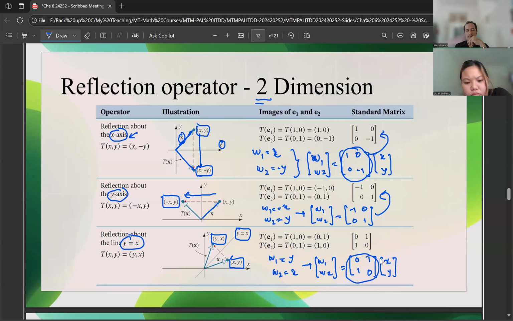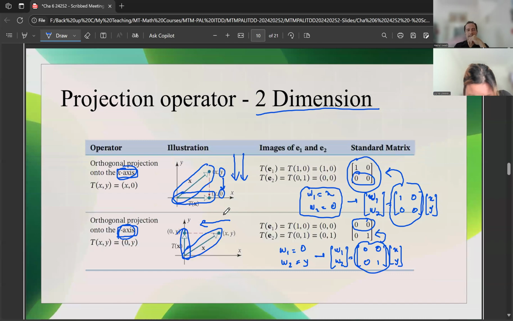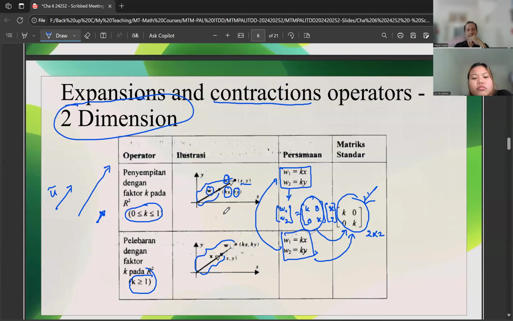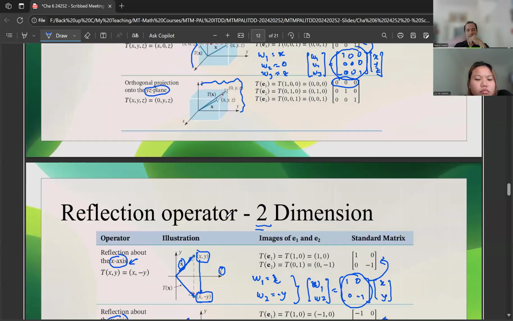So we have the third formula of the reflection operator in two dimensions. Okay, so we have 1, 2, 3 reflections in two dimensions, and now we go to the third dimension.